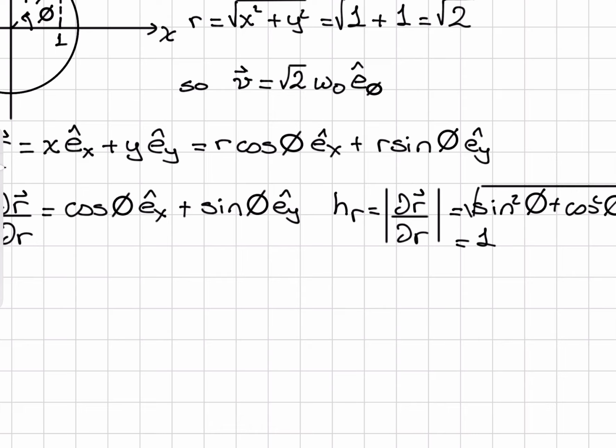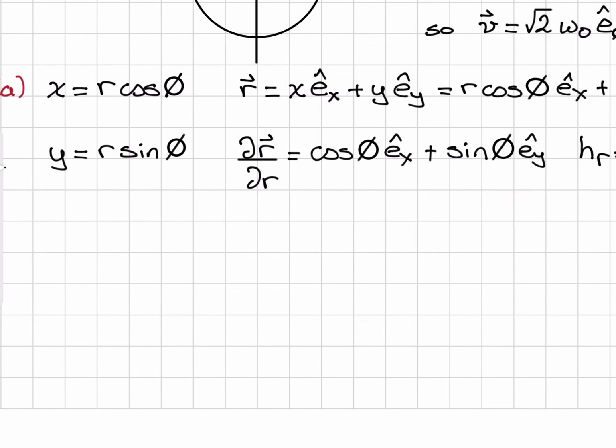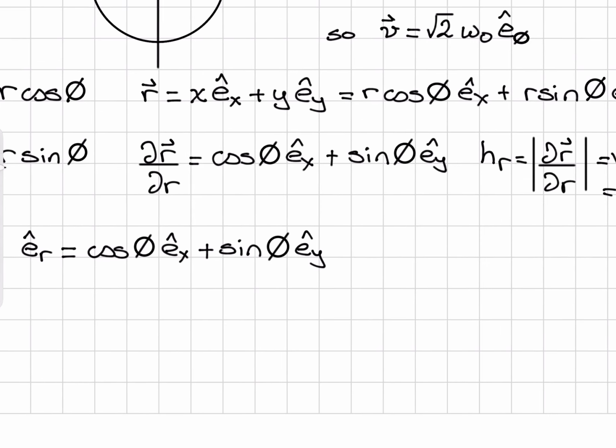So the first scale factor is equal to 1, and therefore we can write our unit vector on the radial axis, e r hat, as cosine phi e x hat plus sine phi e y hat. And for this point, point P, we have tangent phi equal to 1.